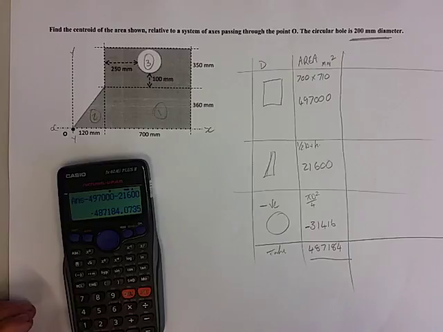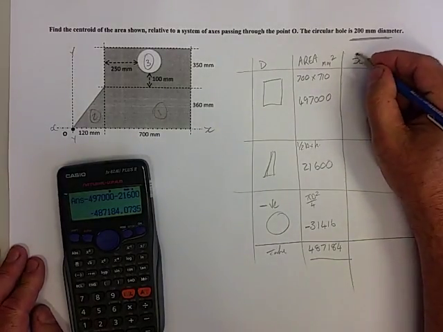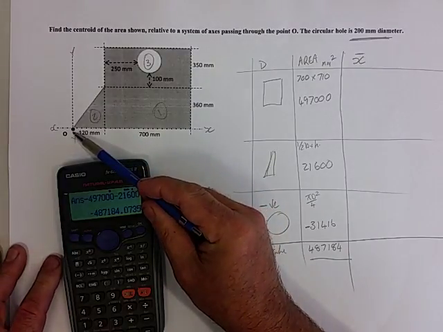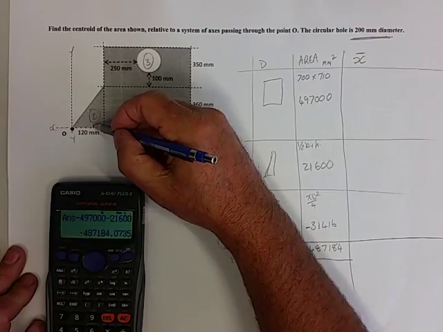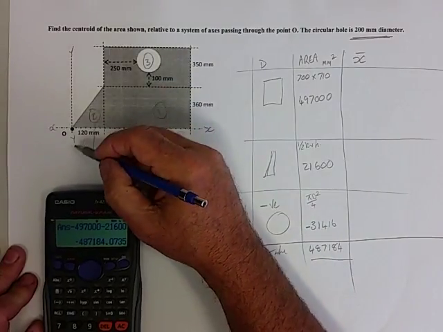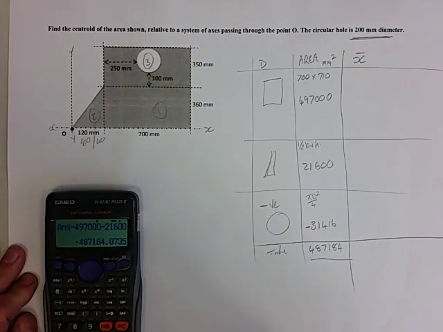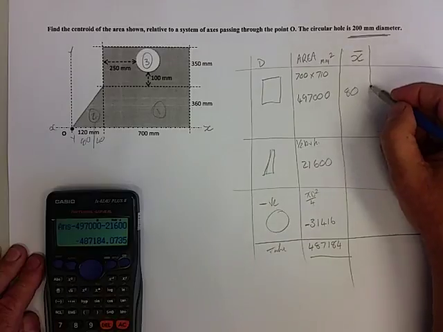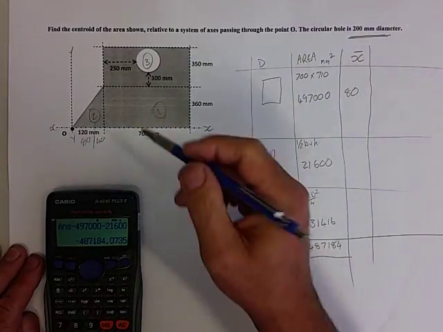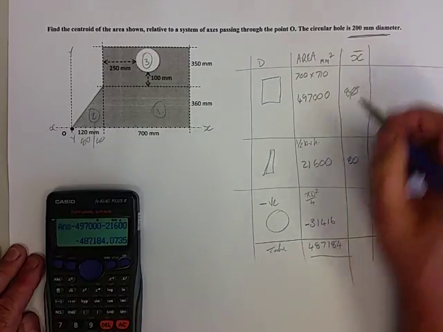So the next part, we're going to look for the individual centroids of the x, and we take that from our point 0. So the x on a triangle is 1/3 from the base, so that would be 80 millimeters from our point. Okay, that's the triangle, sorry, my mistake.